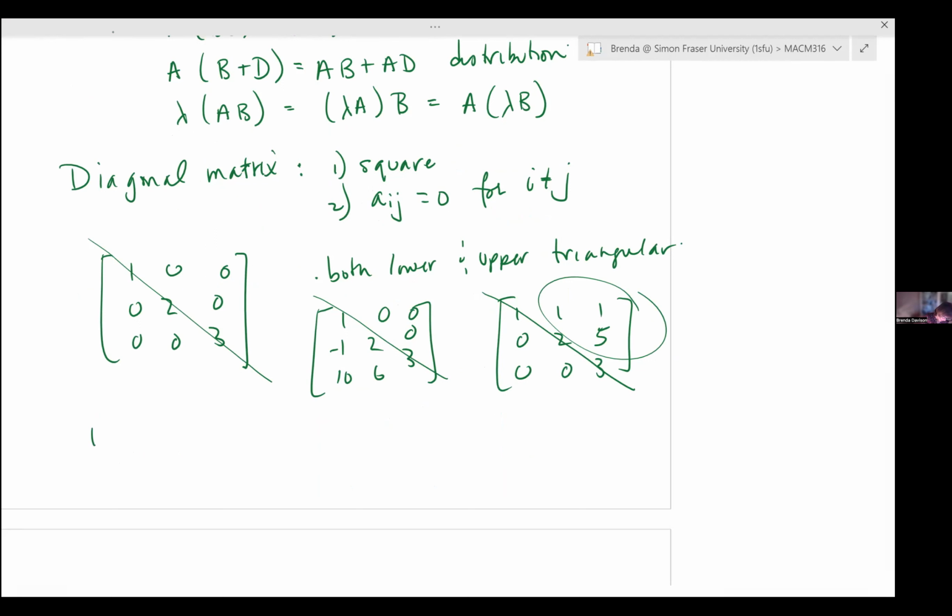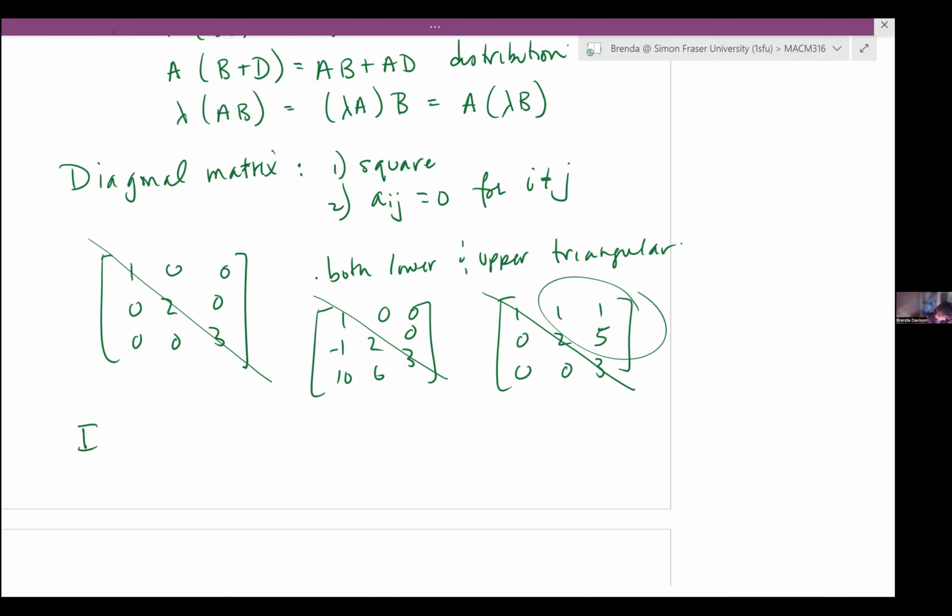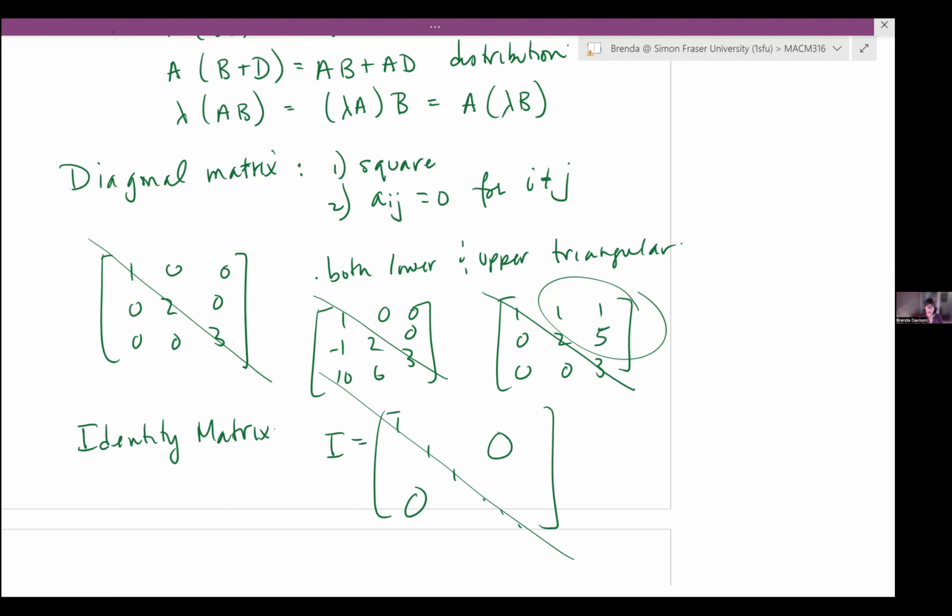Identity matrix. This is important. The identity matrix I looks like this: 1, 1, 1. It has a diagonal, every entry on the diagonal is 1, and every non-diagonal entry is 0.